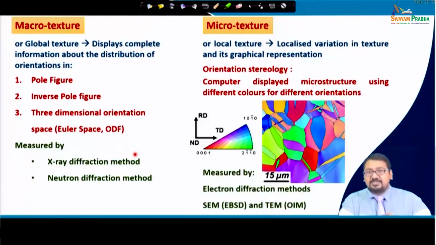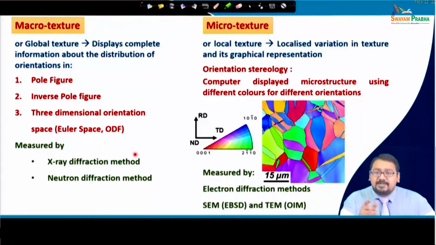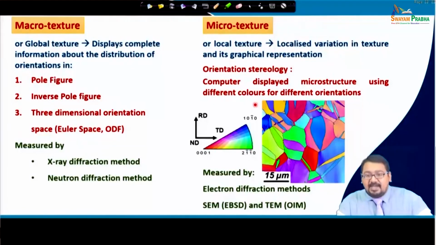In case of microtexture, as I said, electron diffraction methods like electron backscatter diffraction in a scanning electron microscope, that is SEM EBSD, or orientation imaging microscopy in a transmission electron microscope, that is OIM in TEM, are basically used to obtain this kind of microstructure, which is known as an inverse pole figure map and is mapped by a triangular inverse pole figure showing different color shades representing the orientation of the material.